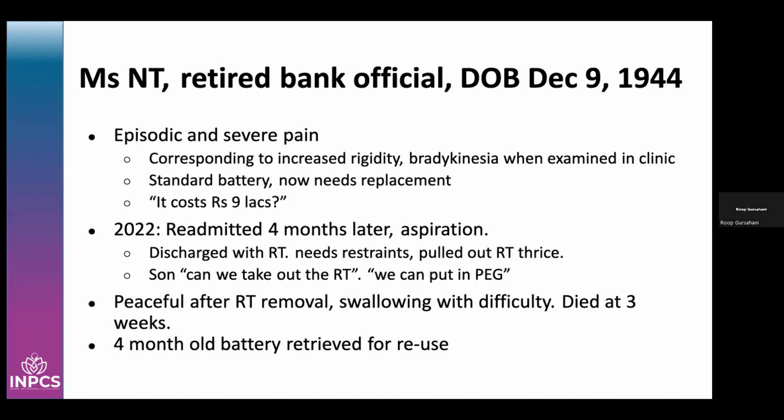And I reminded them that she had actually told me that she did not want tubes placed inside her. So her Ryles tube was removed, and she was swallowing with difficulty. But she was at home, and again the family came around, and she passed away at home.